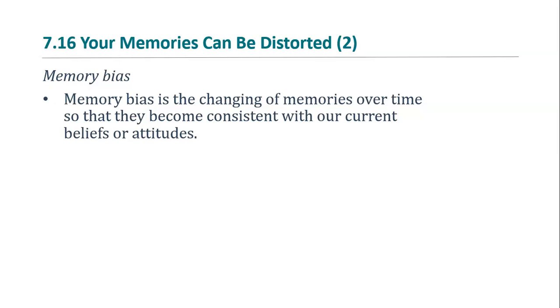So we may remember our actions in a more positive or admirable light now, based on the ways that we see ourselves in the current time that may not have been how we saw ourselves in the past, or our values may have changed. The classic example of this is the person who catches the fish, and the fish gets larger with each retelling of the story.